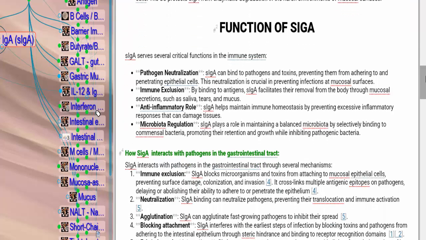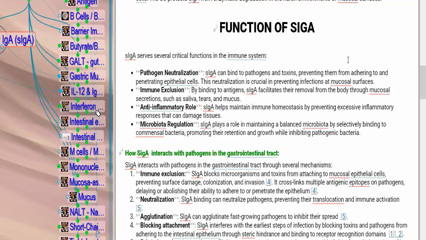It has several functions. It neutralizes pathogens, prevents them from adhering to and penetrating epithelial cells. It has immune exclusion by binding to antigens. It facilitates their removal from the body through mucosal secretions, and that could be saliva, tears, and mucus.